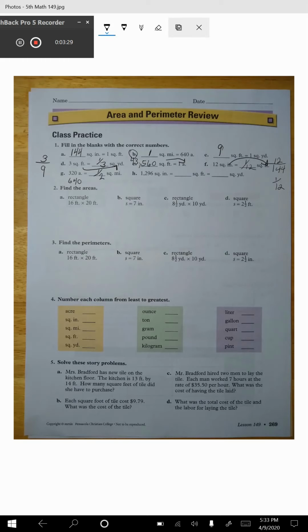1,296 square inches is how many square feet? So we're going inches to feet, which we're going to divide, right? So I'm going to put this over a division. How many square inches are in a square foot? So 12 times 12, 144. So it's 1,296 over 144.